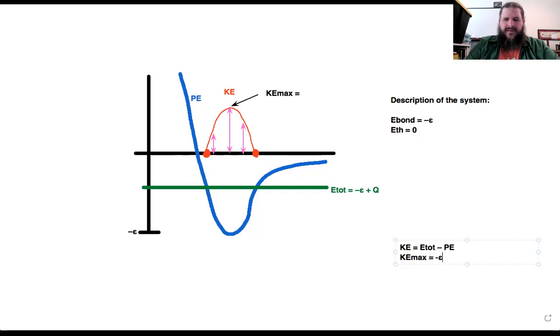Yeah, we've got this negative epsilon plus Q. And then when we want to subtract the potential energy, specifically the potential energy at equilibrium, which is what value? Epsilon. Yeah, or negative epsilon since it's below the axis. So when we subtract those, negative epsilon minus negative epsilon cancels out, we're left with just Q. In other words, the heat we added is now the maximum kinetic energy.